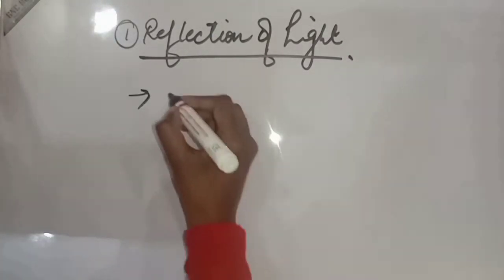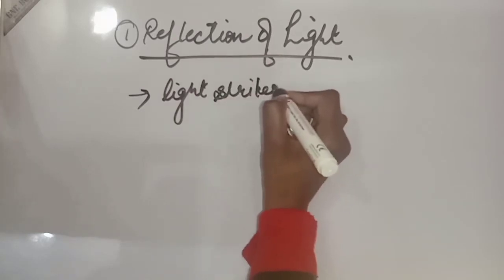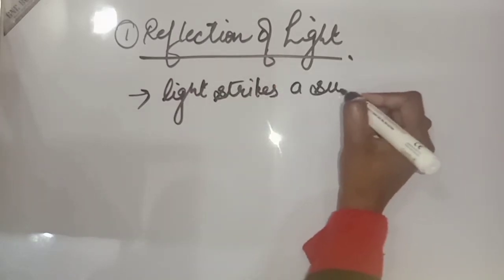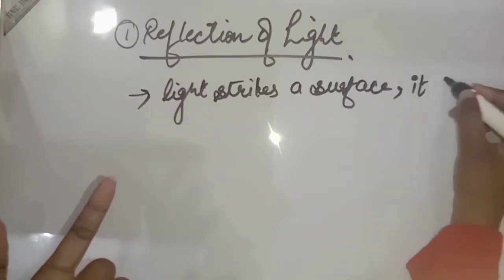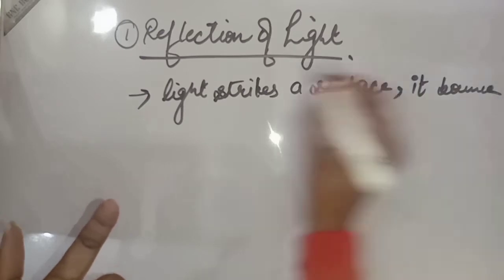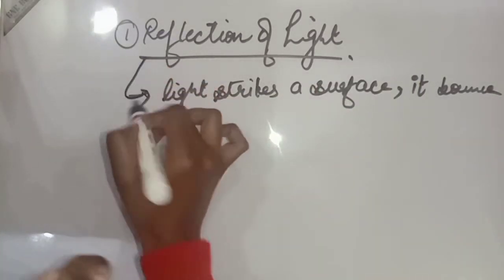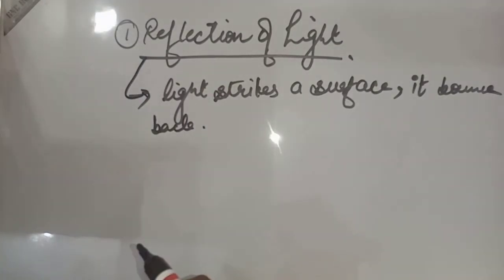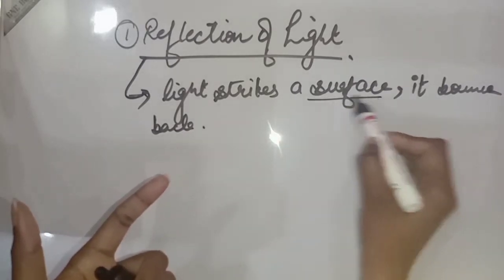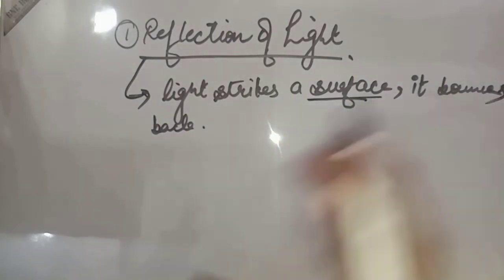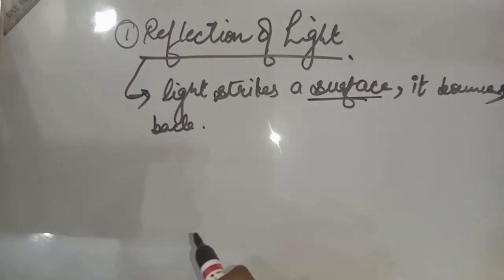Whenever light strikes a surface, it bounces back. This phenomenon is called reflection of light. Whenever light strikes a surface, it bounces back. This process is called reflection of light.